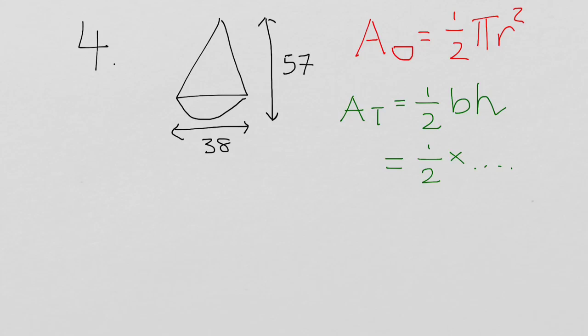So bearing in mind, between the bottom of the semicircle and the bottom of the triangle, so that distance there, that's the radius. You know that all the way down is 57. So you can therefore work out the height of the triangle. Don't finish there. Once you've done that, remember you need the area of the whole thing. So you want the area of the triangle, add the area of the semicircle.